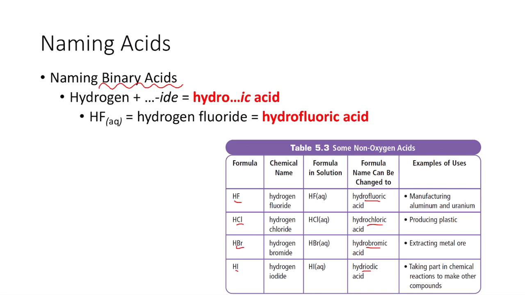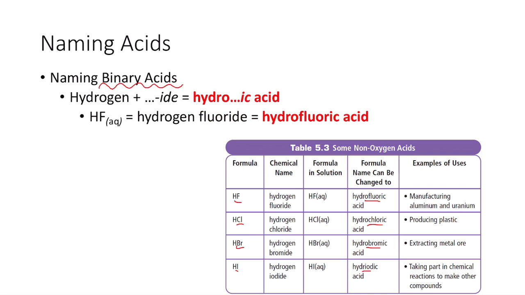So for our hydrofluoric acid example, HF, previous naming would tell us that this is hydrogen fluoride. When we dissolve this in water, it becomes an acid with the name hydrofluoric acid. So we dropped the gen from hydrogen, and we dropped the IDE ending from fluoride, changing it to IC, so fluoric, and we add the word acid.